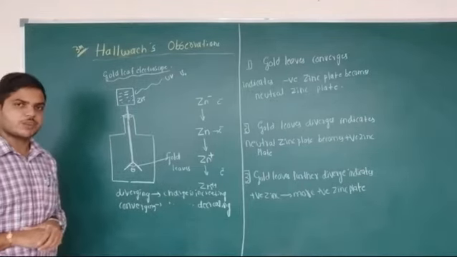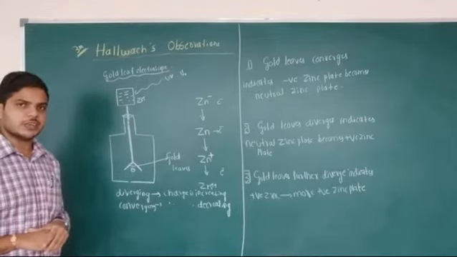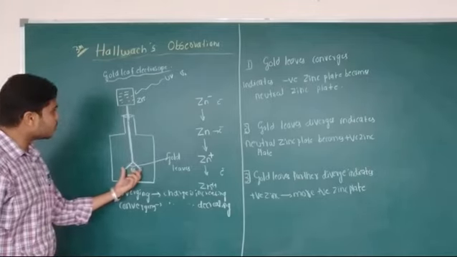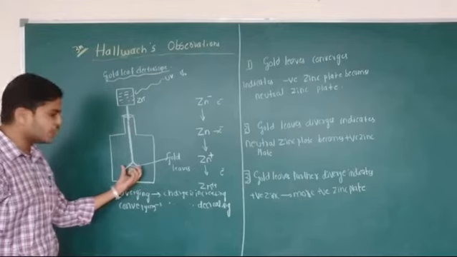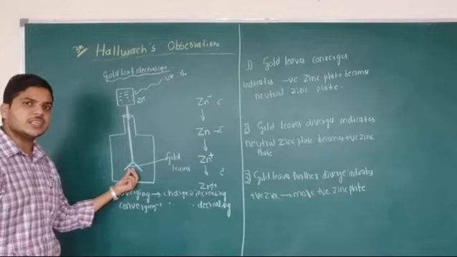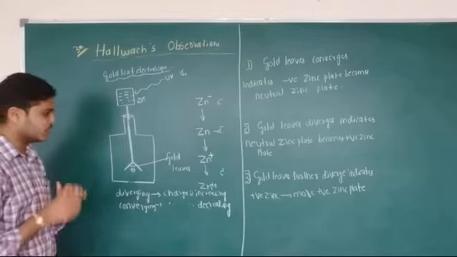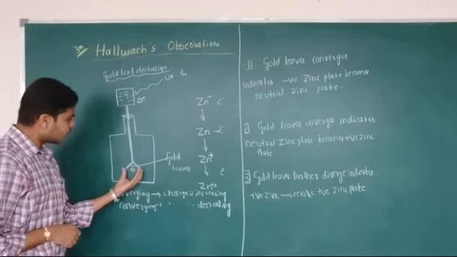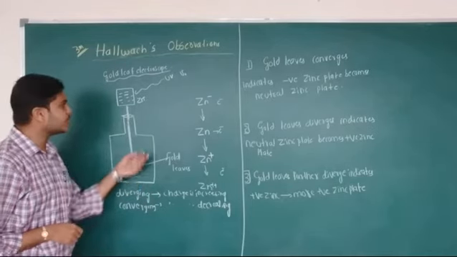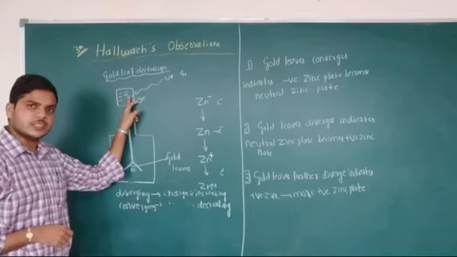After some time, while the radiation is incident on the negative zinc plate, the gold leaves are converging. Initially they are at angle theta, and now this theta value is decreasing. If the gold leaves are converging, what is the meaning of that? The charge on the body is decreasing.